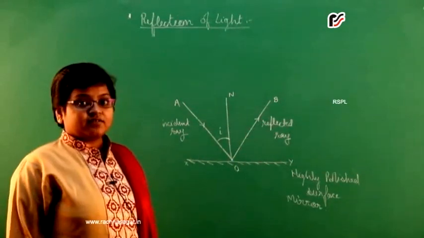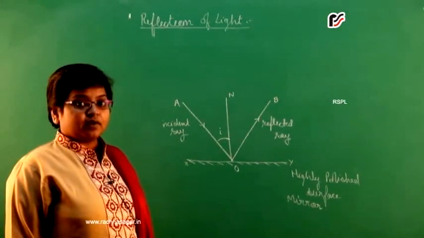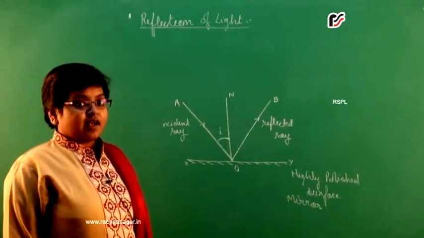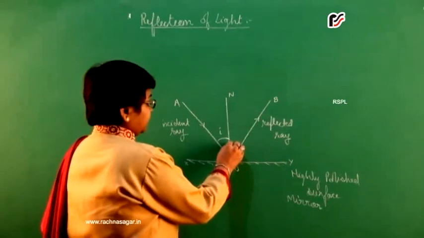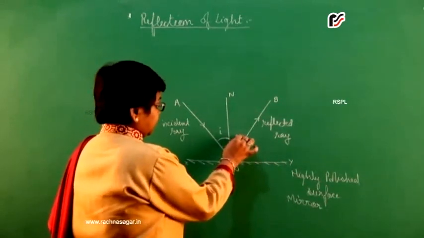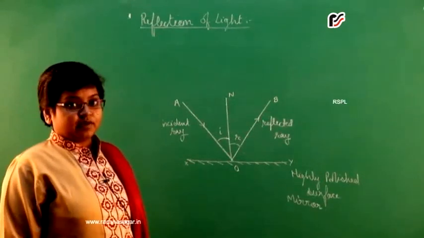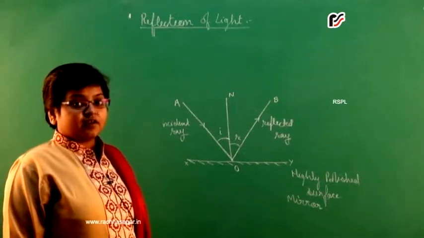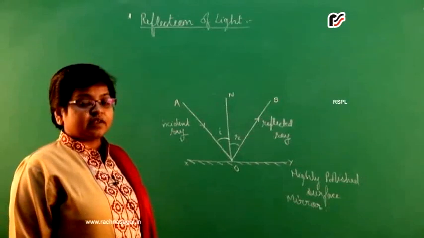The angle made between the incident ray and the normal is called the angle of incidence. Here I is the angle of incidence. The angle made between the reflected ray and the normal is called the angle of reflection. Here R is the angle of reflection.